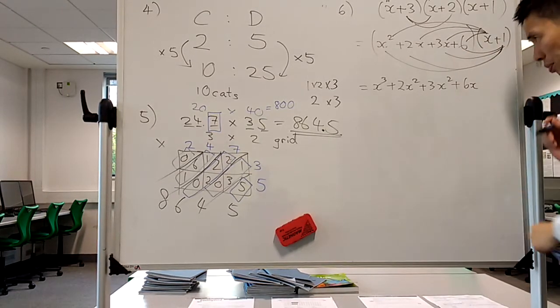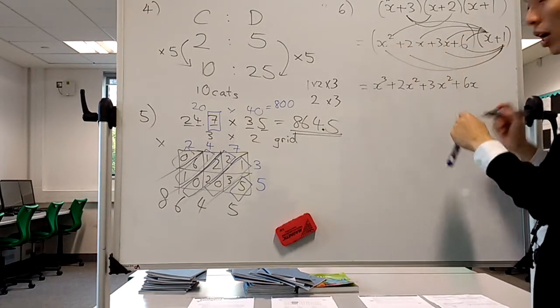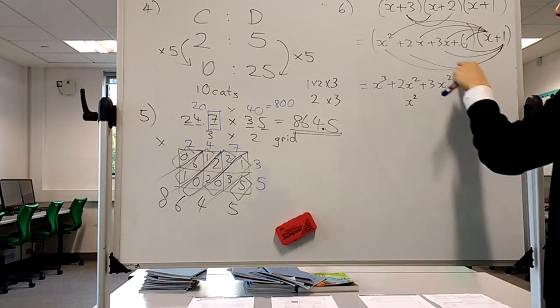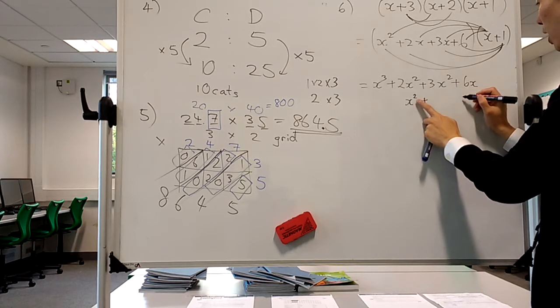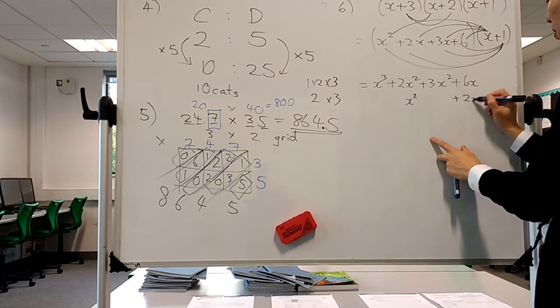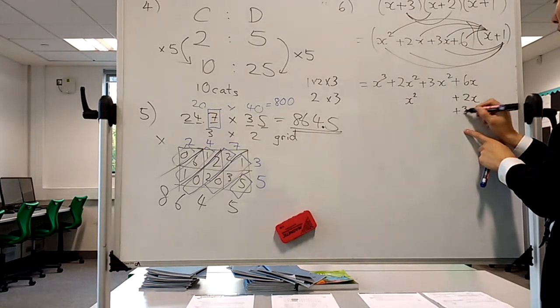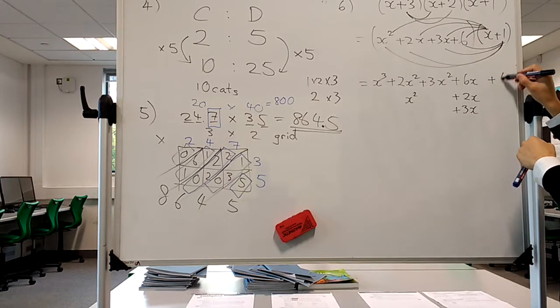6x. Then I add 1 times x squared. If you don't mind, I'm going to write it here. That's 1x squared. 1 times 2x, 2x. I'm going to write it here. 1 times 3x, 3x. And 1 times 6, 6.